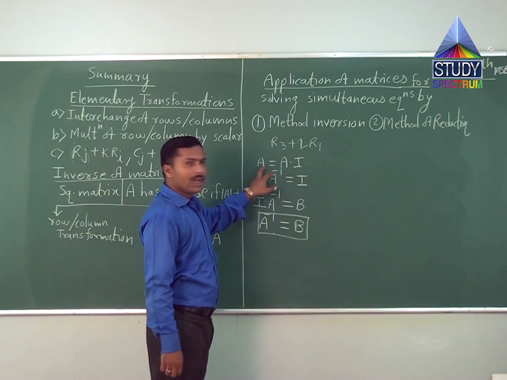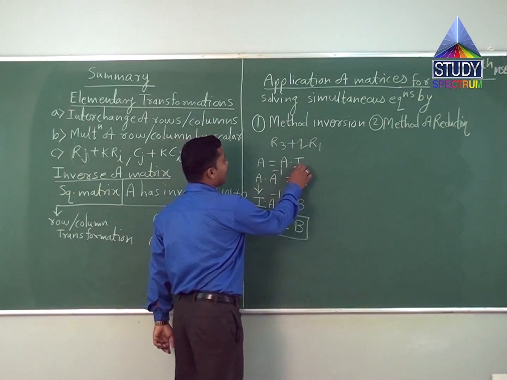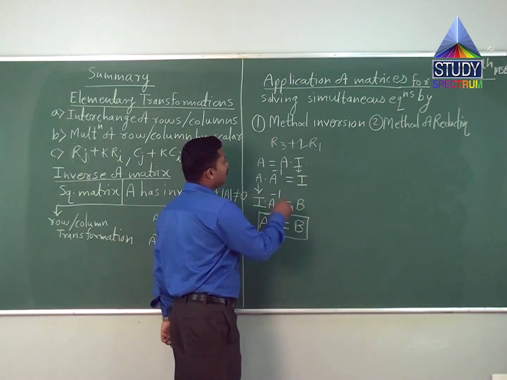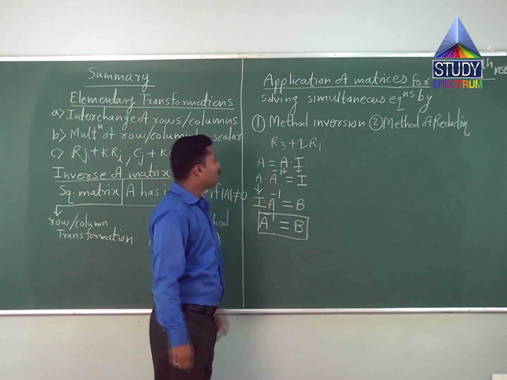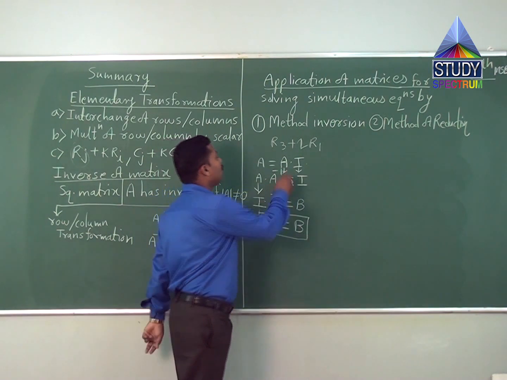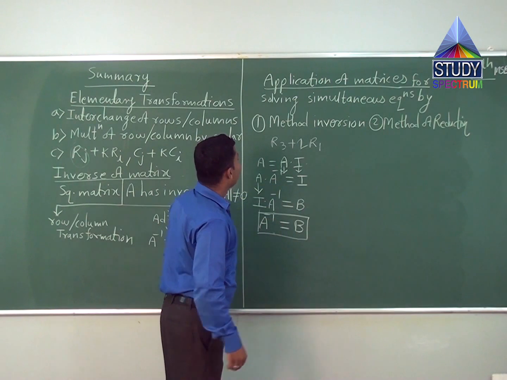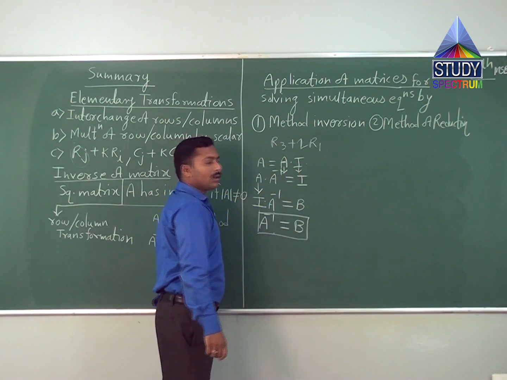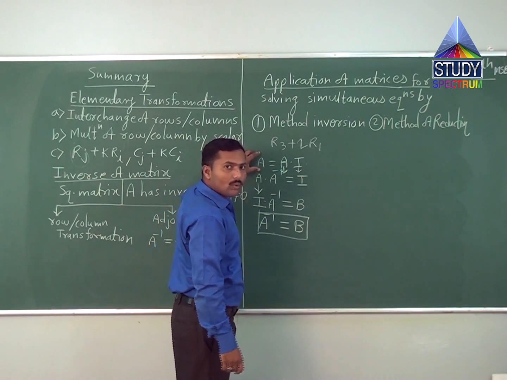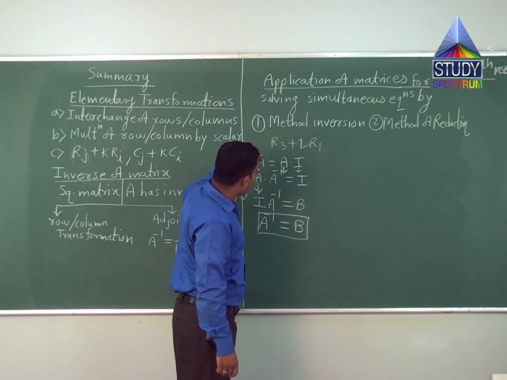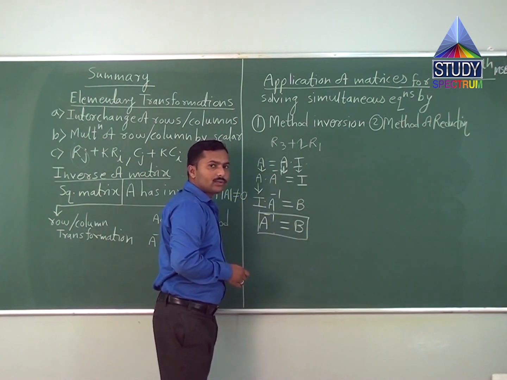Also by using this A equal to A into I, also you can solve. Suppose this is the identity matrix and this is A, our square matrix.